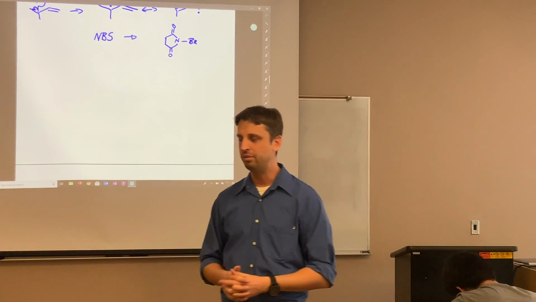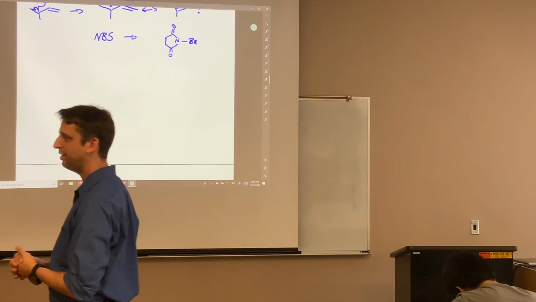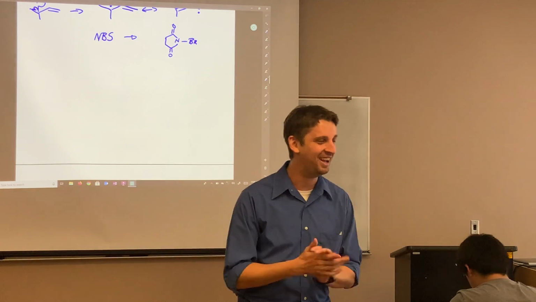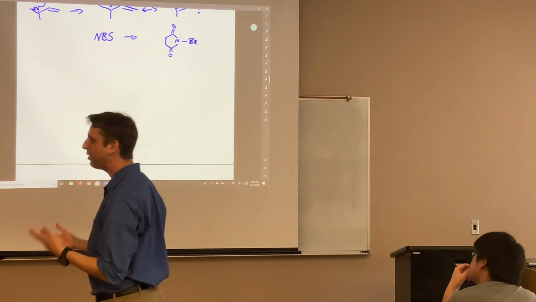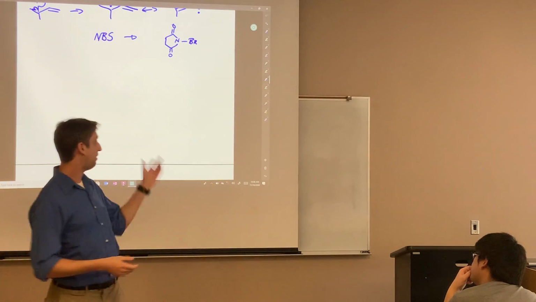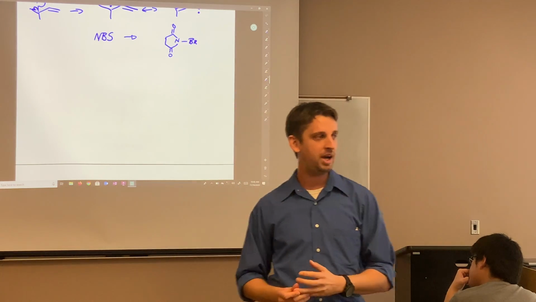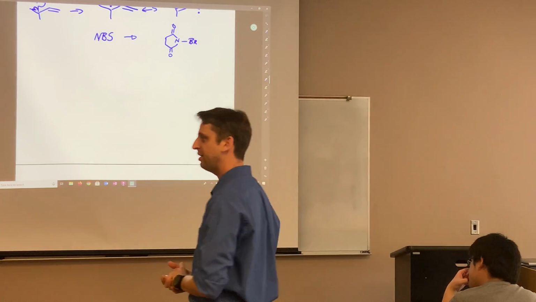And if you breathe it in, you're dead, so that's not good. Well, some days, okay. Right? But it's just difficult to control, is what it is. NBS, on the other hand, is a nice white powder that you can measure out, and you can buy it by the kilogram. You don't have to worry about all that stuff.